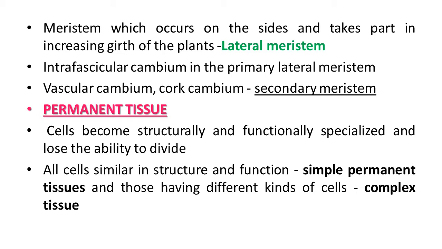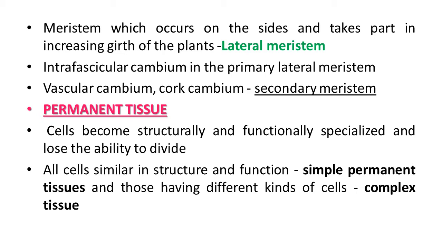Over and above the primary meristems, secondary meristem or lateral meristem tissue is also present. It is present particularly in plants that produce a woody axis, and it appears later than primary meristem, and that's why it is known as secondary meristem.